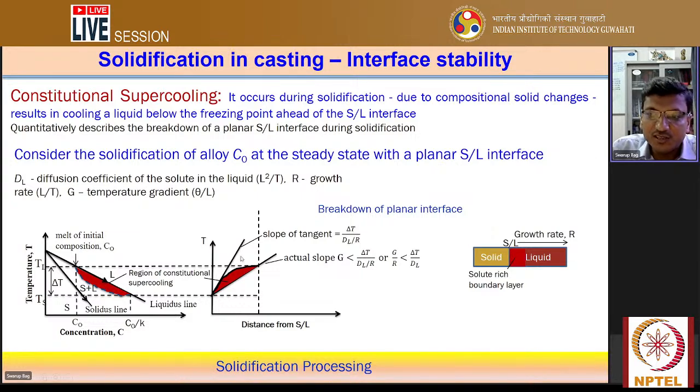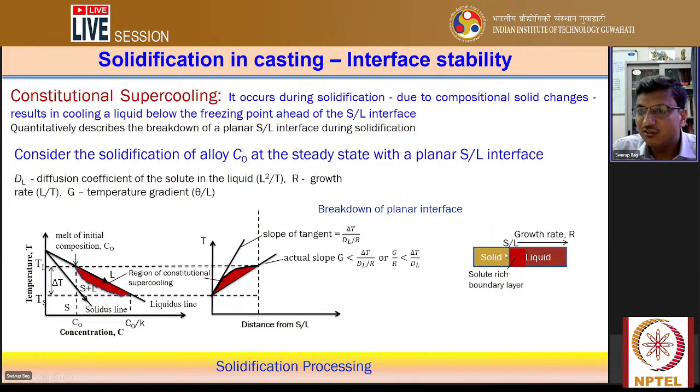Now, this slope can be calculated as delta T by DL by R. DL by R is basically a length scale, that is the diffusion coefficient divided by the growth rate. So the diffusion coefficient is there in front of the solid phase, and some boundary layer also exists, the solute-rich boundary layer between the solid and liquid phase.